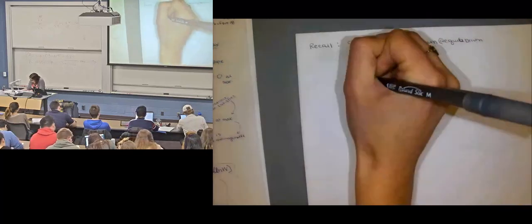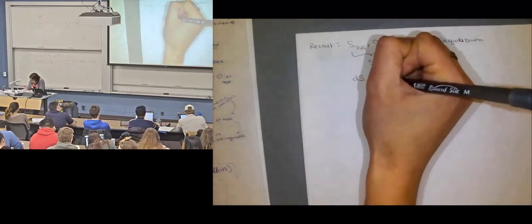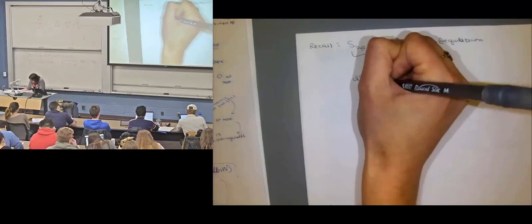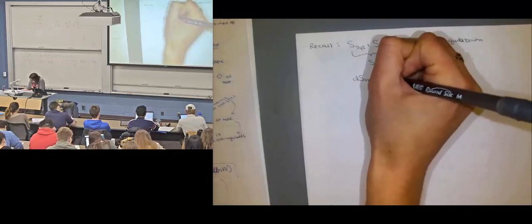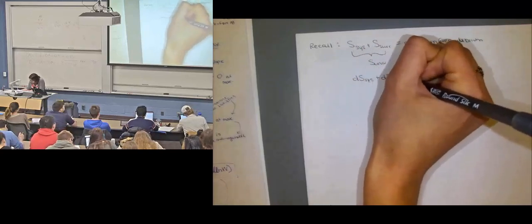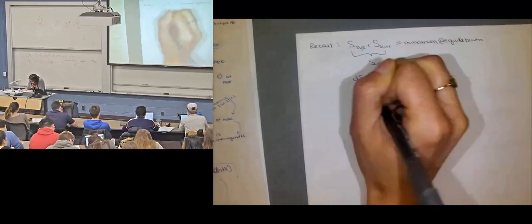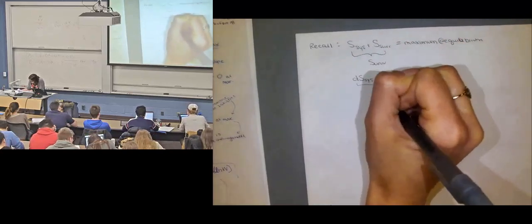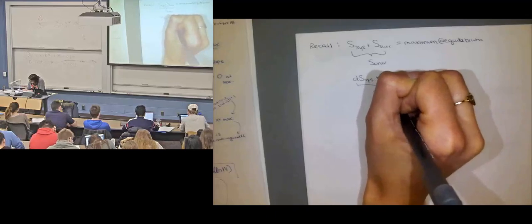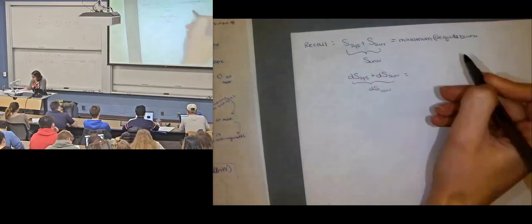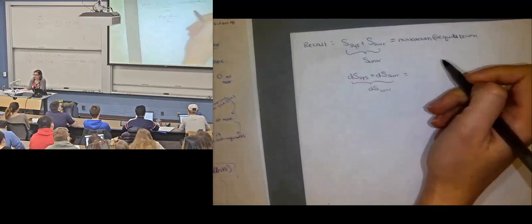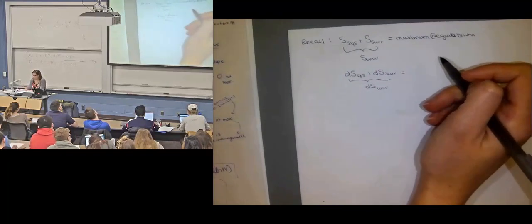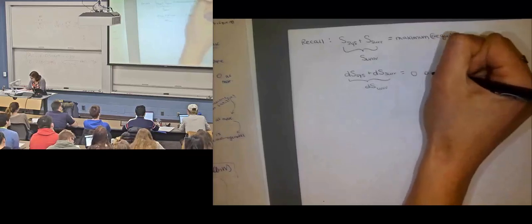And thus we said that the derivative dS for system plus dS surroundings, this is the change in entropy of the universe, would be equal to what at equilibrium? It's the derivative of a maximum point. It's a slope of 0, okay?